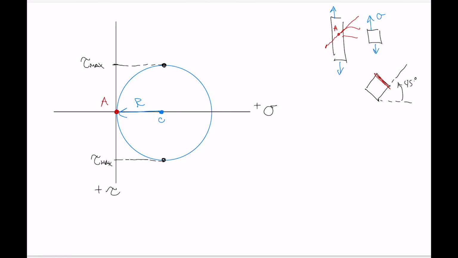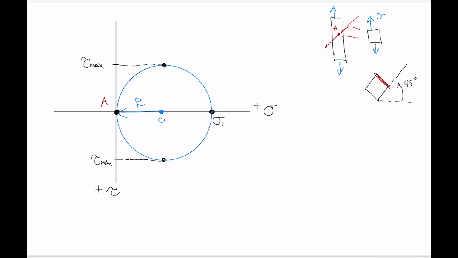Okay, the points on the x-axis, where the circle crosses the x-axis or the normal stress axis, when you're at those, you have normal stress but no shear stress. So these are what are called the principal stresses, and they're always labeled sigma 1 and sigma 2.